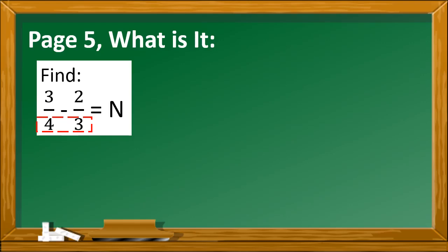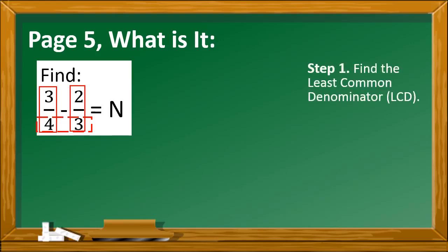Since the denominators of the fractions are not the same, we cannot directly subtract. Hence, we need to change 3/4 and 2/3 into similar fractions. Step 1. Find the least common denominator or LCD. One way to find the LCD of the given fractions is to check if the denominators have a common factor.